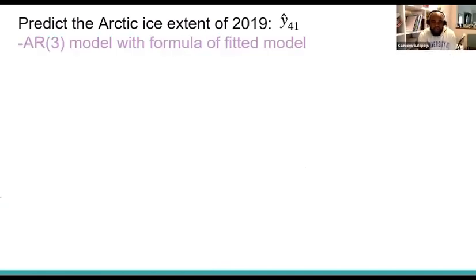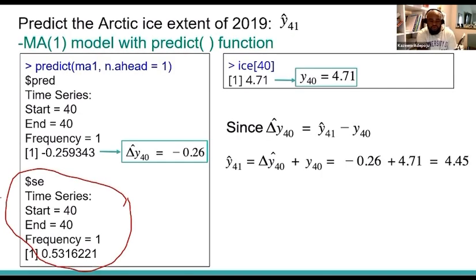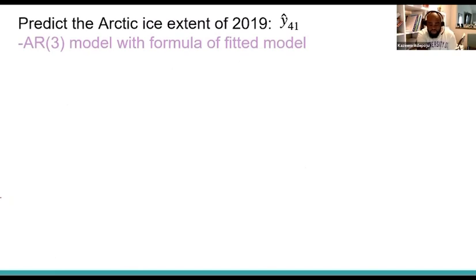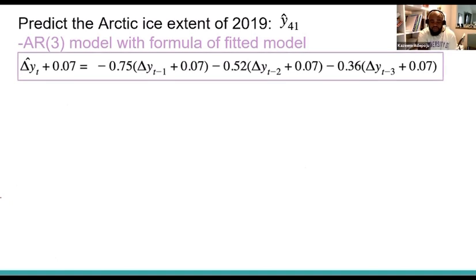Now, with choosing MA of order 1, we made a prediction with that. We can also try the other model that we did not choose based on the AIC. Let us see the model. This is the fitted model for AR of order 3.